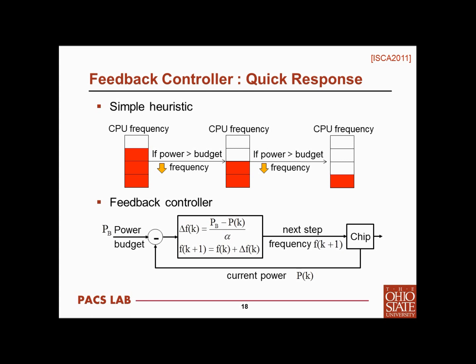The essential idea here is to directly calculate the next step of frequency of the entire chip instead of going through the step-by-step adjustment process. By directly doing the computation, we work around the step-by-step adjustment to improve the responsiveness.